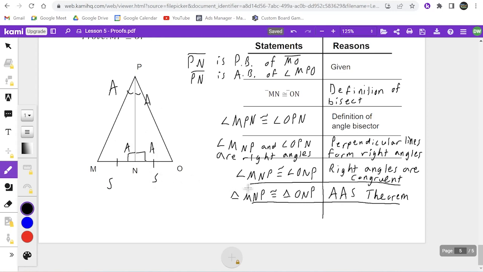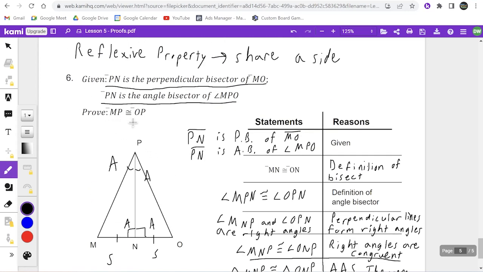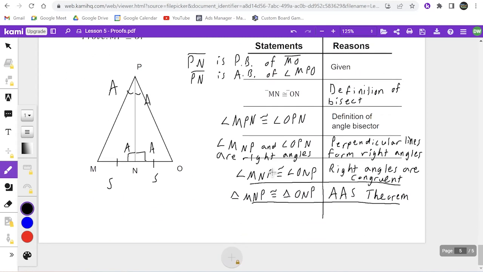And then for the last one, what would we say? Remember, the proof statement is MP is congruent to OP. Go ahead. So for this statement, we'd say line segment MP is congruent to line segment OP. Exactly, yes.